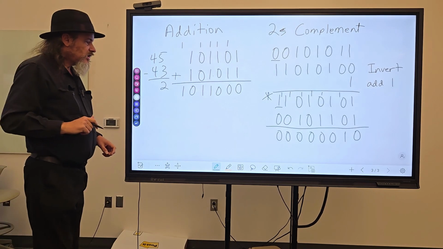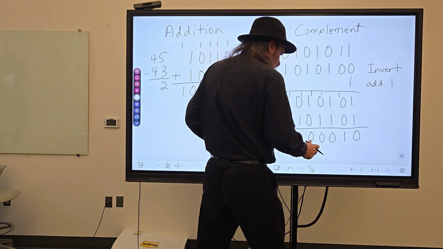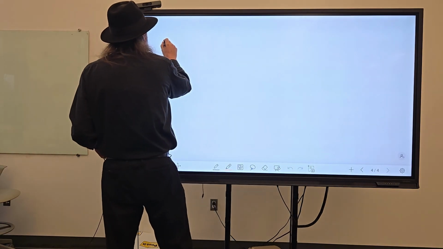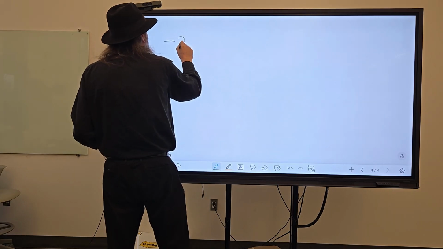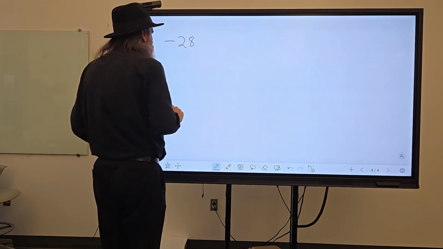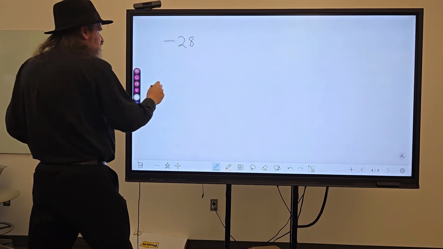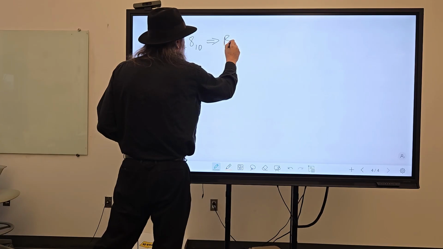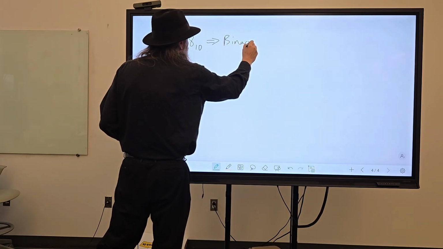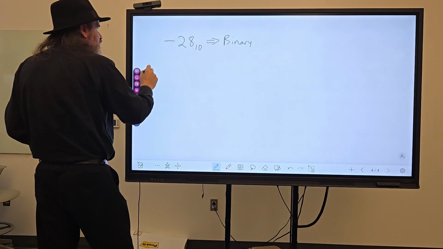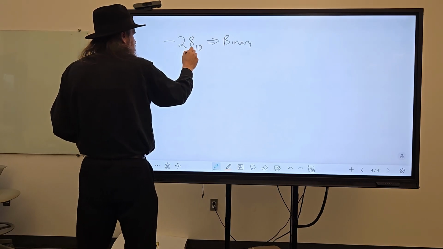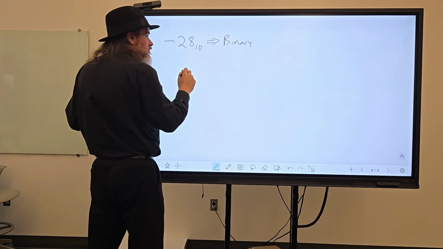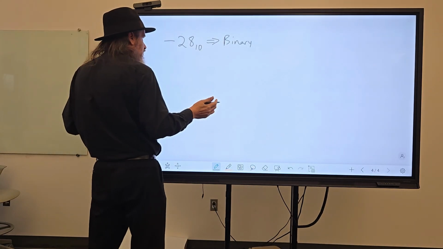So if you are converting a negative number, say negative 28 in base 10 to binary, you would first convert 28 to binary, and then take the 2's complement to make it negative.